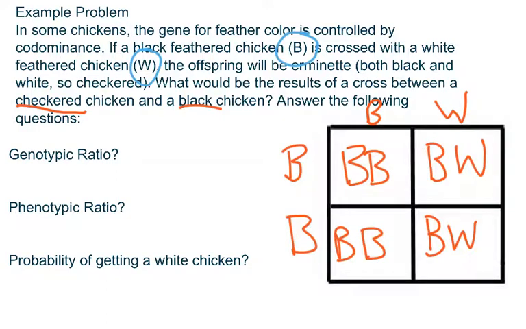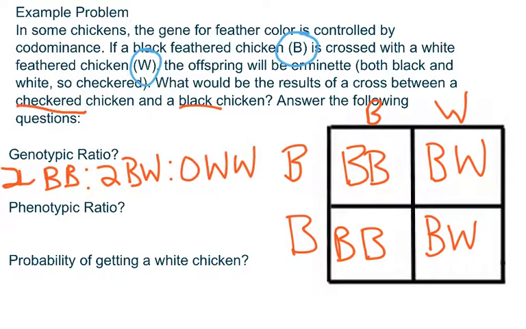So the genotypic ratio, again, letter combinations. So we would have two big B's, to then two capital B, W, to then 0 WW. So then phenotypic ratio, we have 2 black to 2, you can write black and white together, or you can just call it checkered.